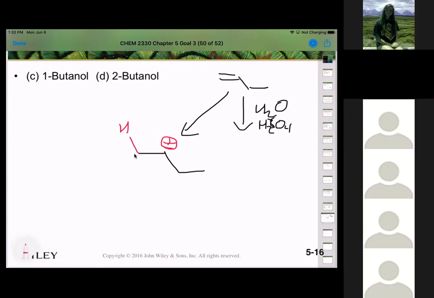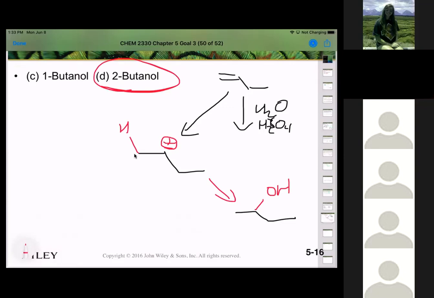If that carbocation reacts with water, that gives us one product, with the OH ending up on our product here. So if we just did our standard acid-catalyzed addition of water to that alkene, we would end up with product letter D. That would give our 2-butanol.